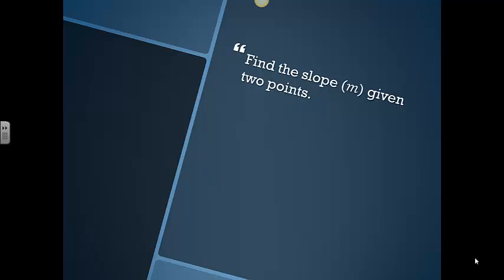Okay. Example C. Same thing. Find the slope given 2 points. I have the point -6, 4 and the point 2, -5. Okay. So again, -5 minus 4 over 2 minus a -6.